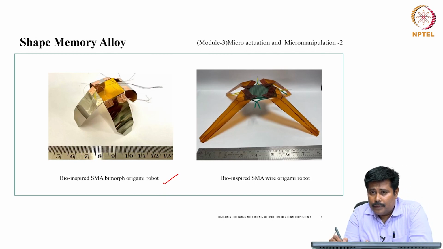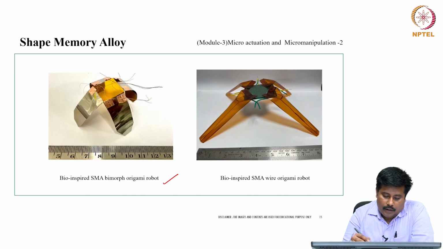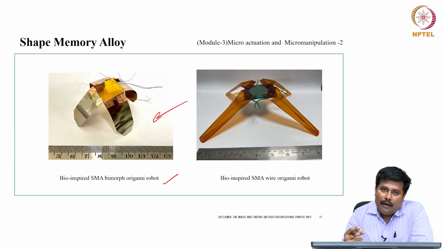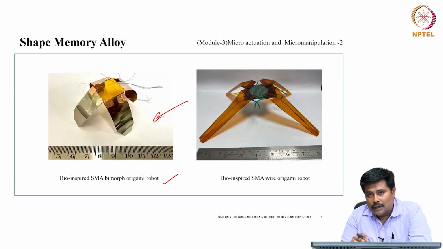In order to develop it on a micron level, since we have the shape memory alloy in wire form, we can integrate the SMA wires along with a composite structure or a polyimide structure based on our requirement.